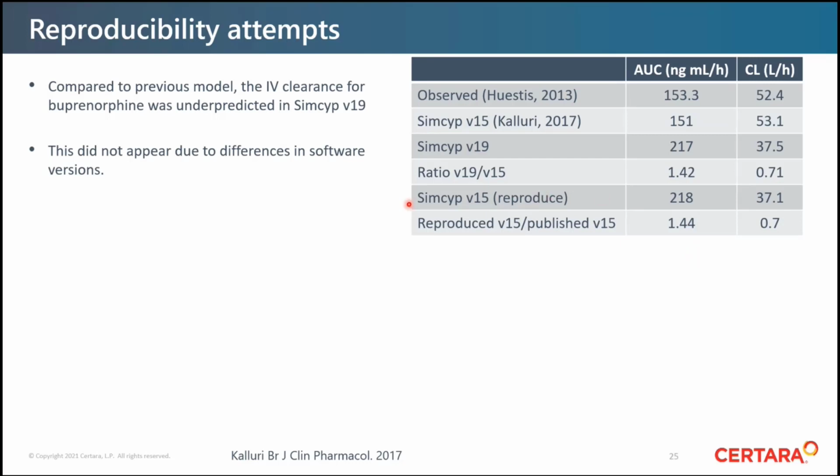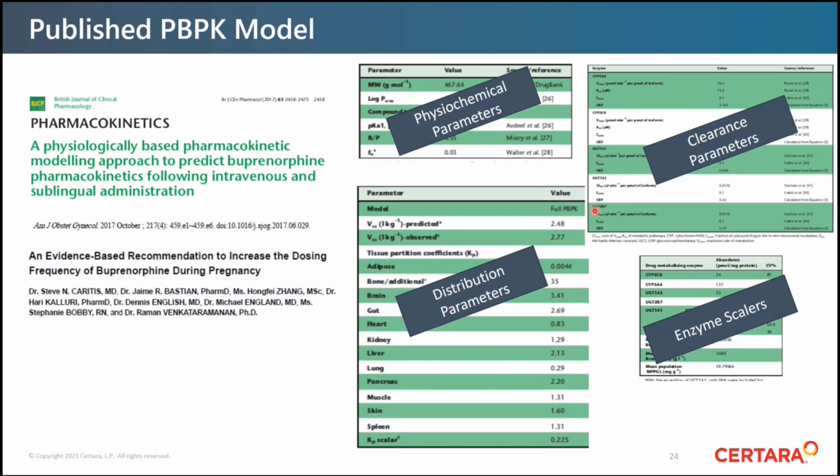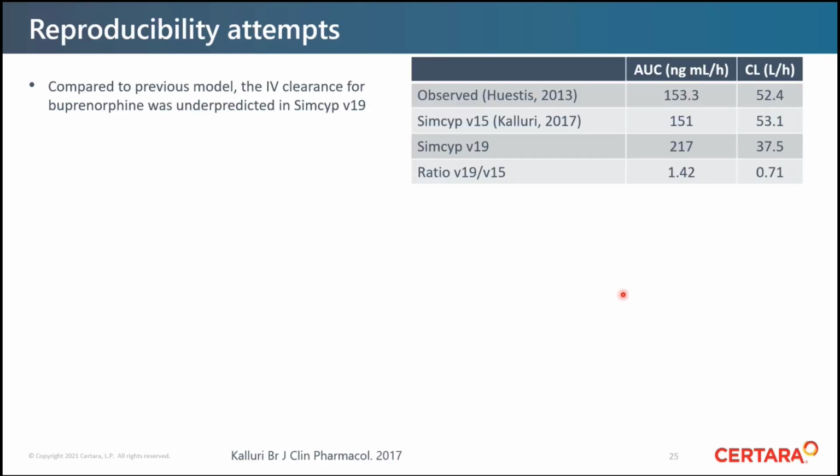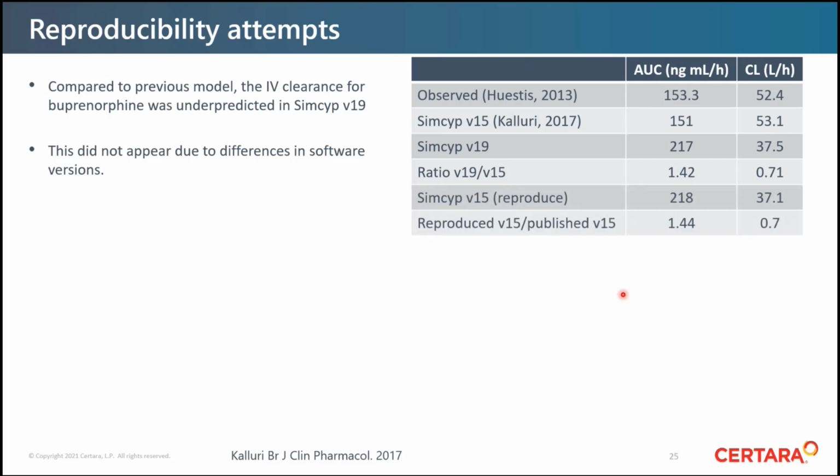So we dug out version 15 of SimCYP and reproduced it there also. We got similar results to our version 19 study, so it wasn't due to software variation or changes in population parameters, but some other issue is preventing us from taking the information provided in the literature and reproducing it in SimCYP.